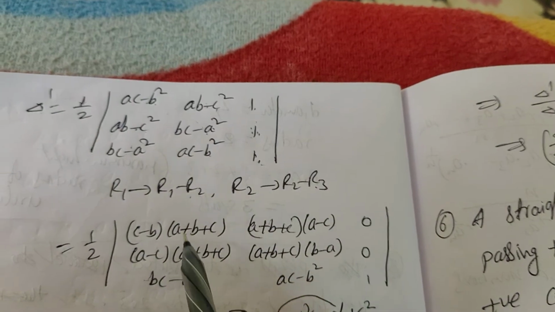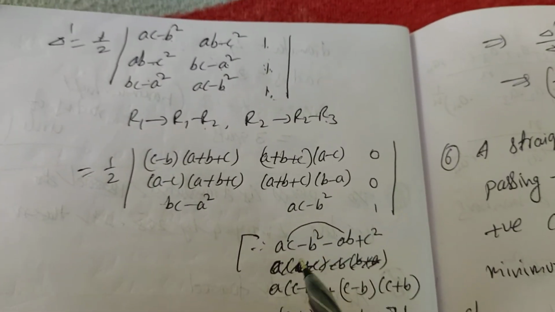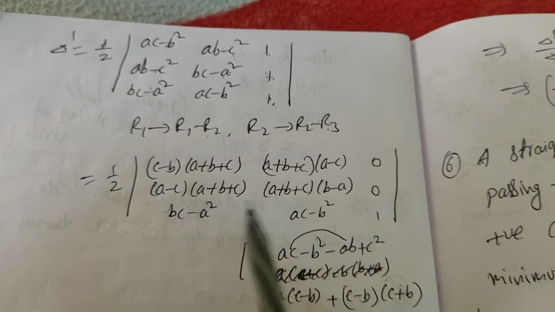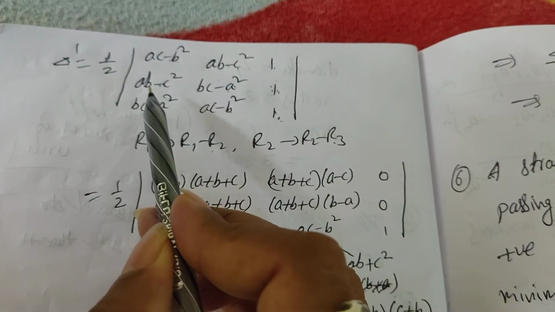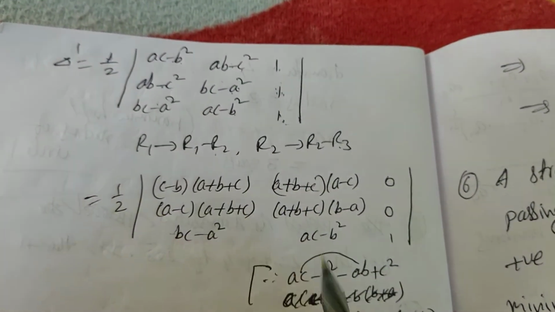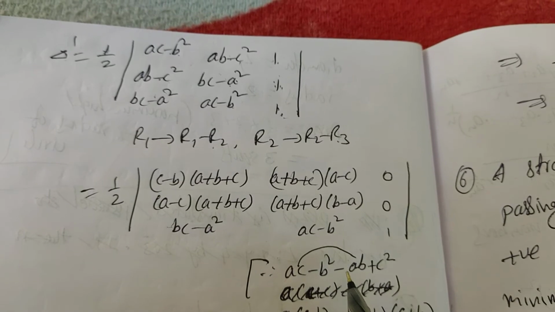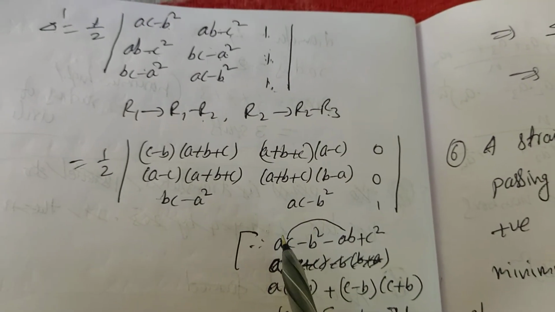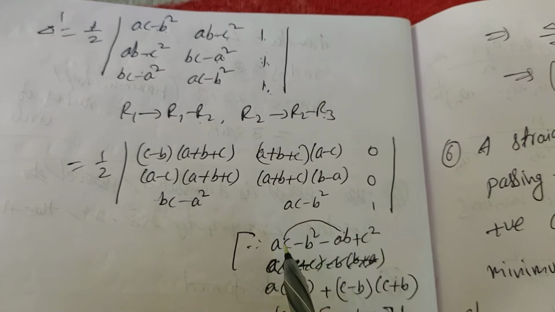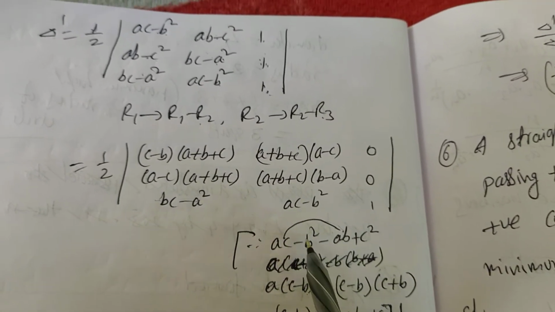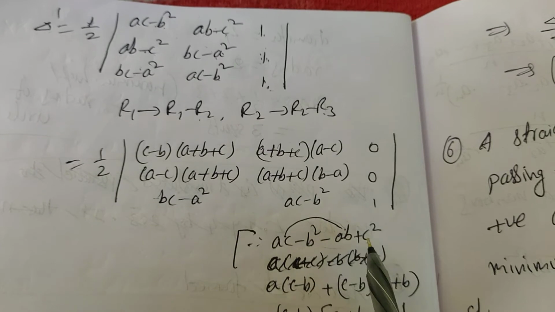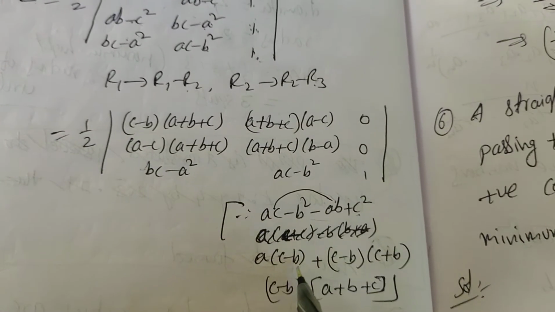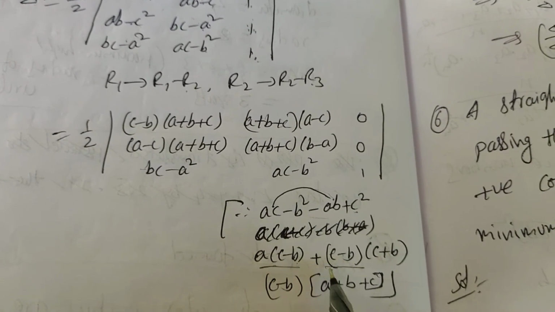I didn't write it here, so the expansion I have written here. See here, ac minus b square minus of ab minus c square means minus ab plus c square. Okay, so if you use these two terms, take a common, c minus b. If you use these two terms, c square minus b square, that means c plus b into c minus b. So from these two terms now we have c minus b common.